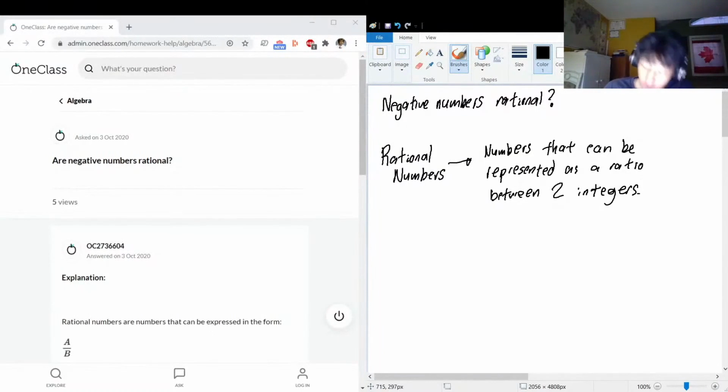Now, what is an integer? An integer is a number without a decimal part. Okay?